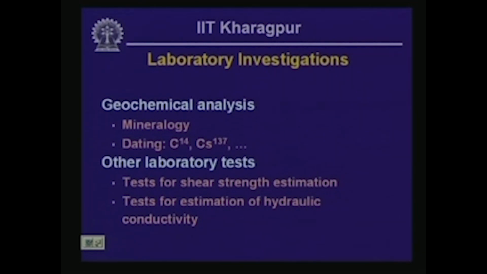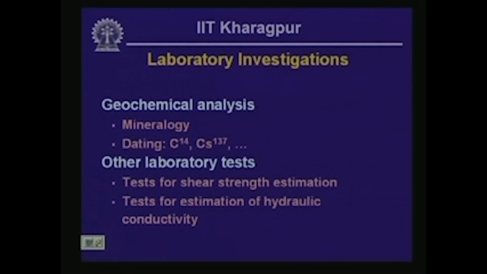Then geochemical analysis also includes dating to estimate the age of that particular geologic unit. And dating could include radiocarbon dating, carbon 14 dating in fact, or cesium 137 dating, or there are several other procedures for dating of a particular geologic unit. Then there are other laboratory tests.